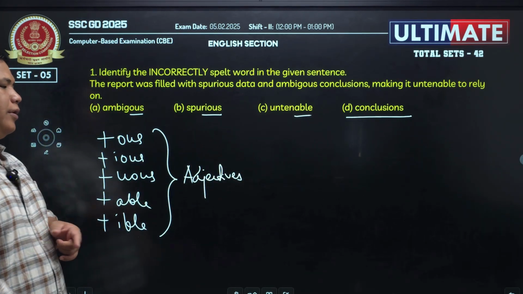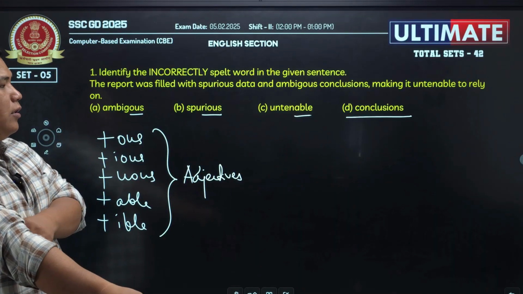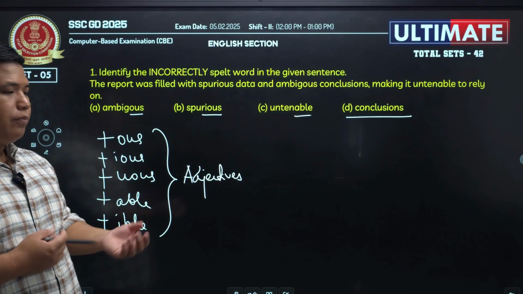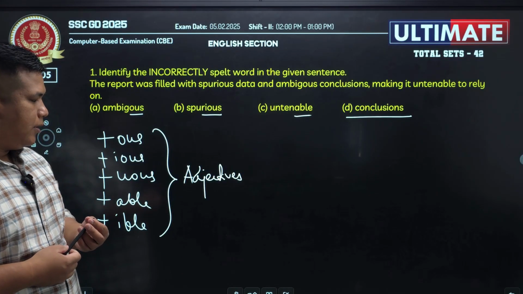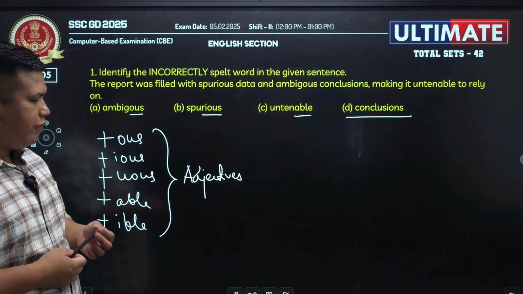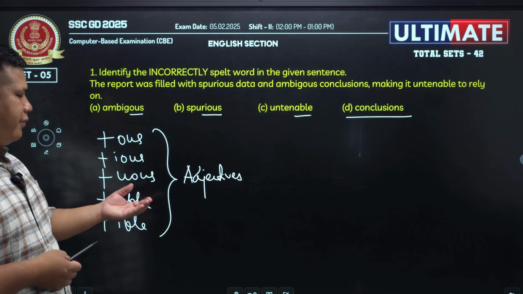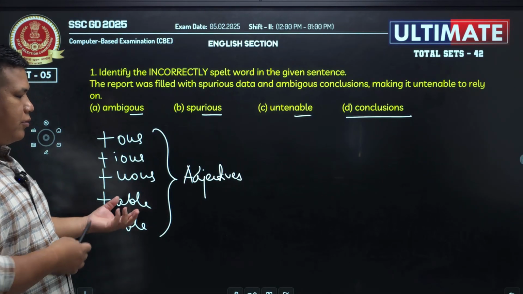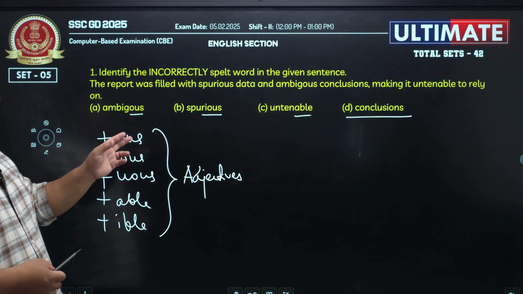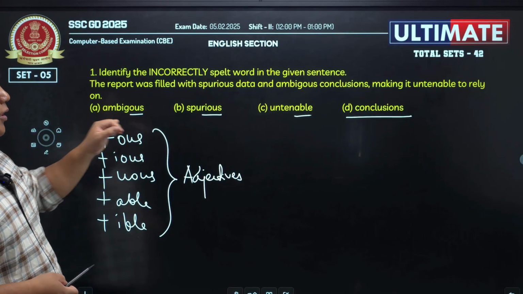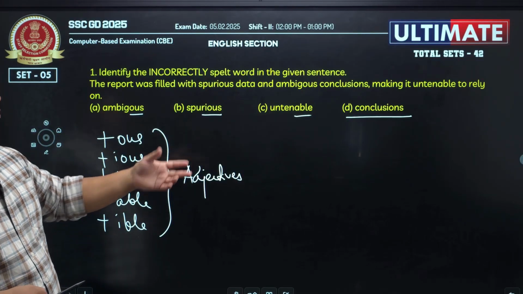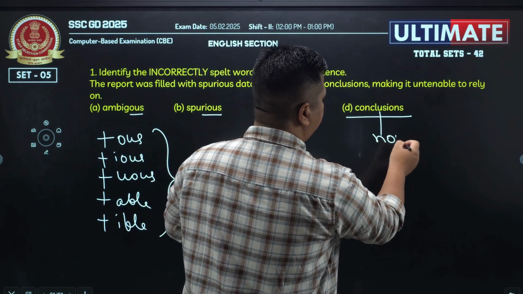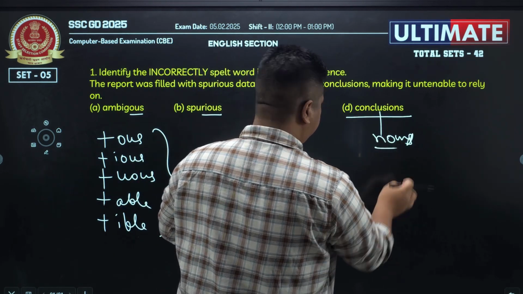As we have been saying from the beginning, adjectives are a very important part of vocabulary. To improve your vocabulary, you have to be very attentive to the adjective. You have to pay attention to this section. Out of these four words, we have three adjectives. Conclusions is a noun. This is the only noun in this sentence. The rest are adjectives.